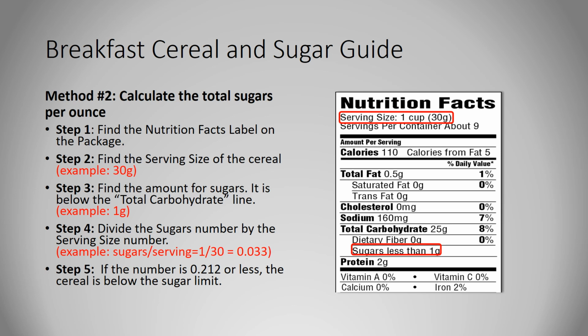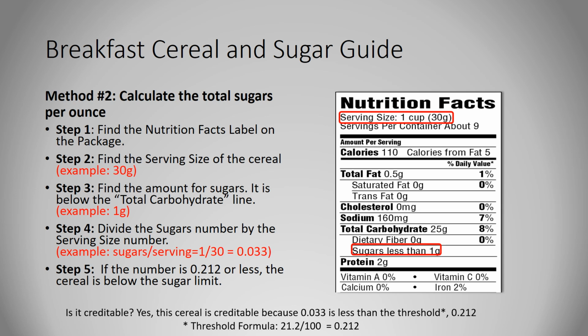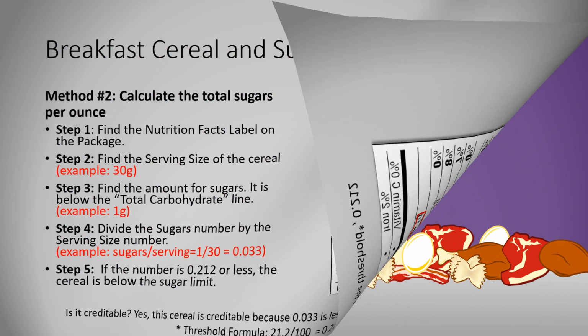Step 5, if the number is 0.212 or less, the cereal is below the sugar limit. This cereal is creditable. The cereal is creditable because 0.033 is less than the threshold of 0.212.